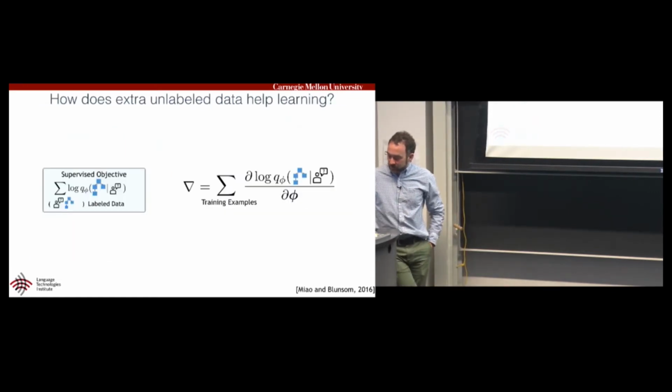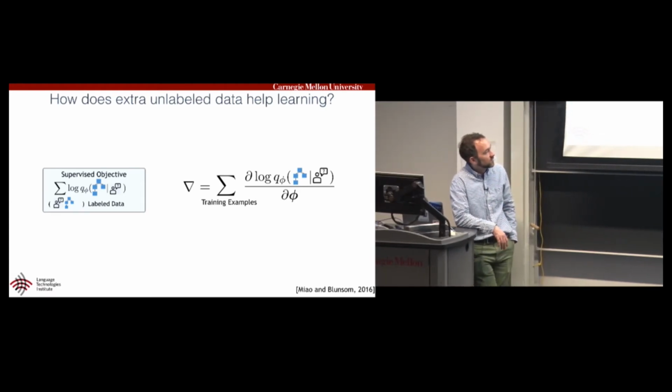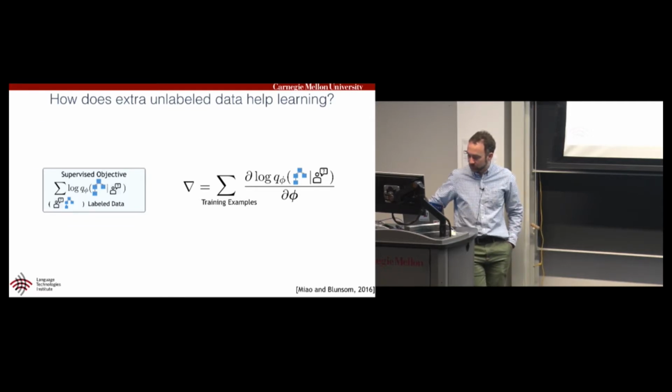So how does the extra unlabeled data help the learning? In the supervised training objective, the derivative of the inference model, the model we are most interested in training, which goes from utterances to interpretations or trees, is just the log likelihood of the tree given the utterance.